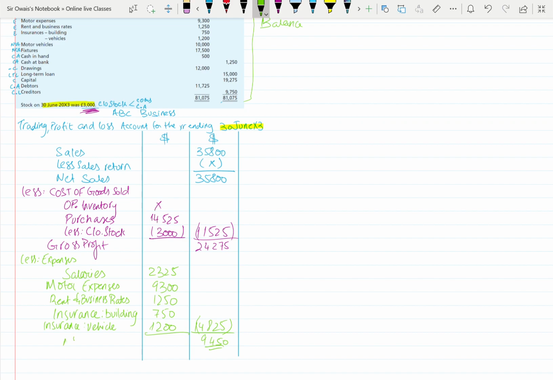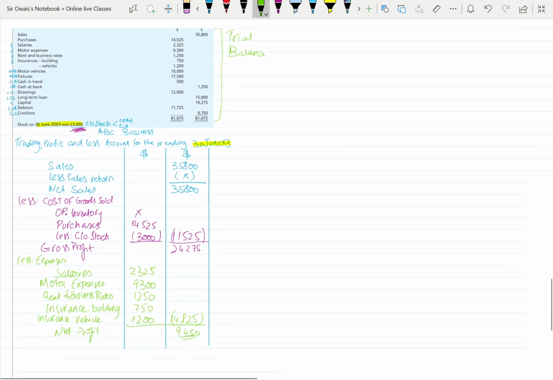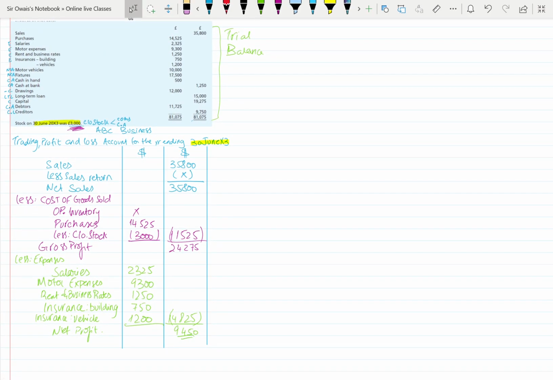So this is my net profit. Okay. So after making the trading profit and loss account, we are supposed to make the balance sheet for this question.